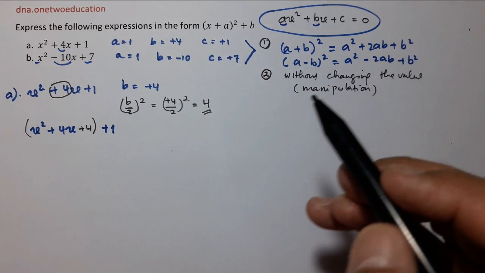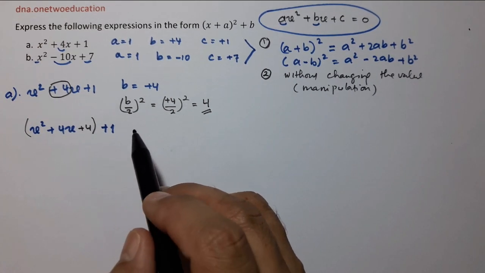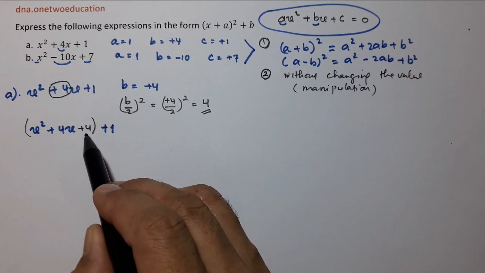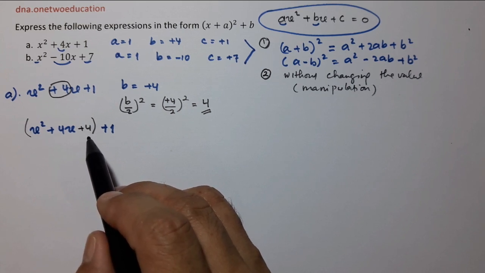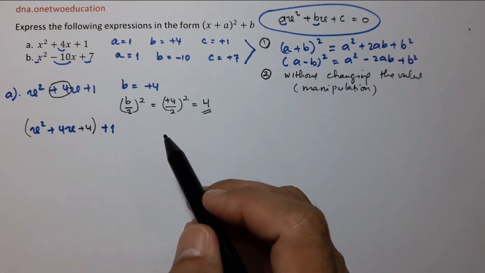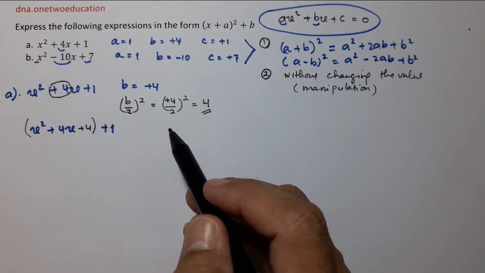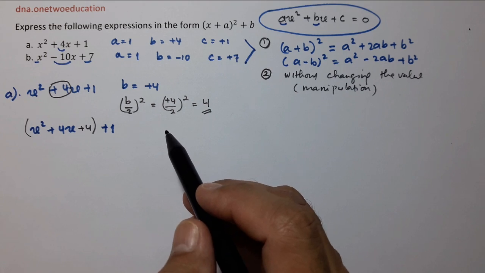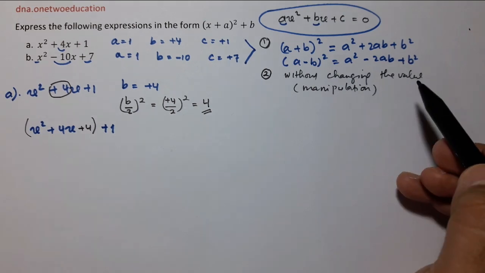Students, how do we manipulate the expression when we add 4 in the bracket? How do we manipulate the quadratic expression by adding positive 4 without changing the value?